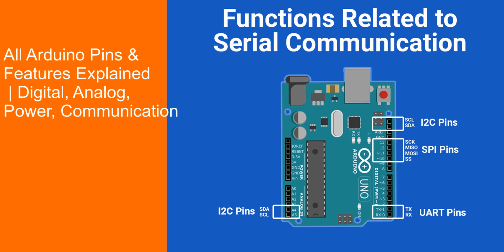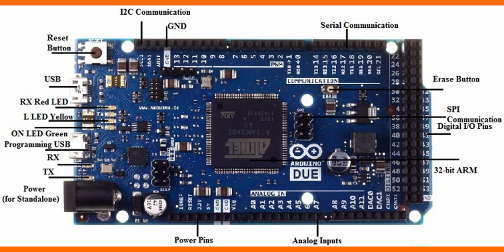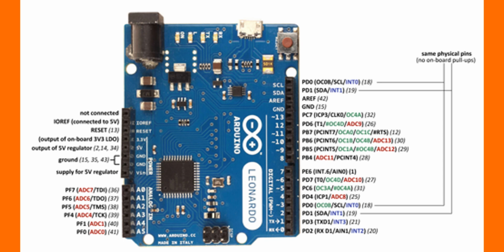I2C uses just 2 wires, so sometimes it is called TWI. SDA and SCL allow you to connect multiple sensors on the same bus. Some boards like Leonardo, Micro, and the MKR have native USB support, meaning they act like a keyboard, mouse, or serial device without using traditional TX and RX pins.